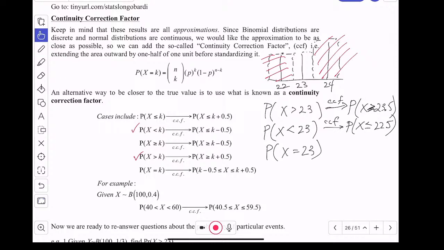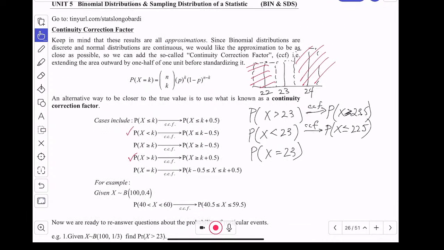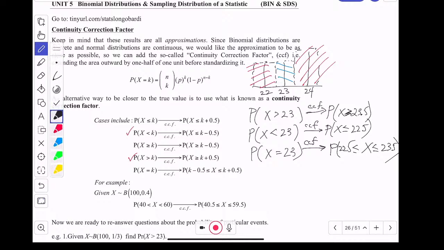Well, in this case, the continuity correction requires us to go on both sides to get the whole bar around the entire spike. So we correct x in the middle: x greater than or equal to 22.5 and less than or equal to 23.5. So I have to give a little bit on each side to answer that question. That's an example of that.